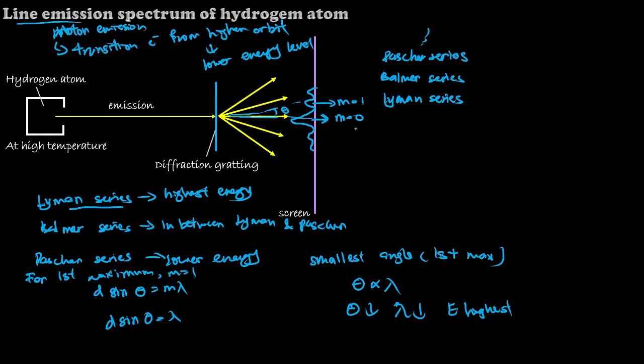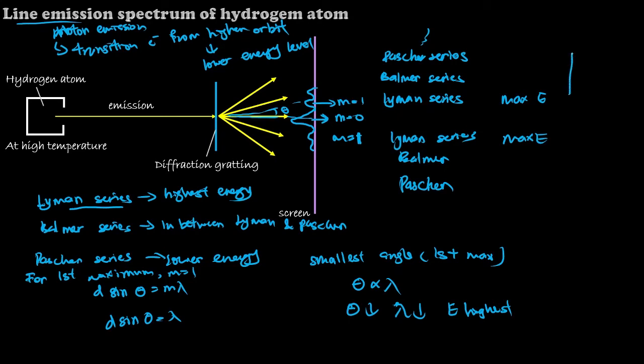For the lower part here, still m equals 1, it starts with the Lyman series nearest to the central maximum, then the Balmer, and then the Paschen. Is it clear? This is how your diffraction pattern forms on the screen, where the maximum energy is nearer to the central maximum.